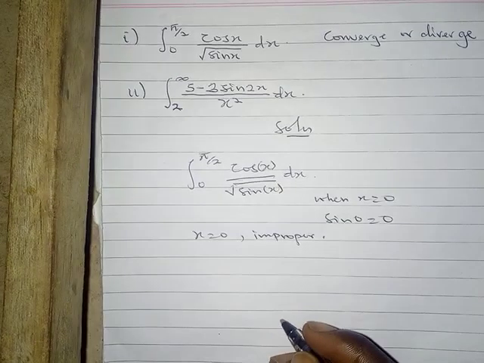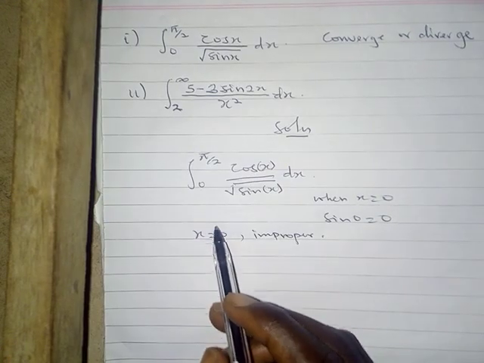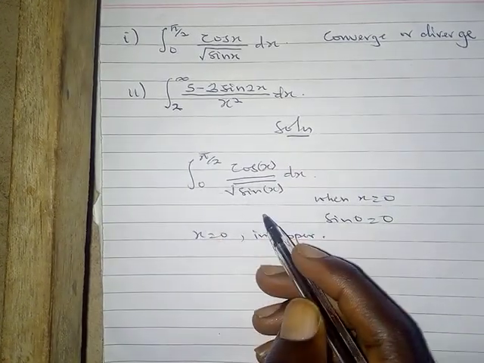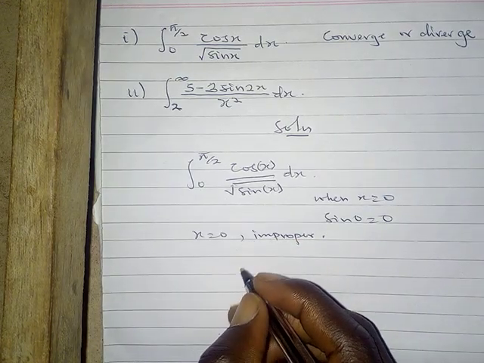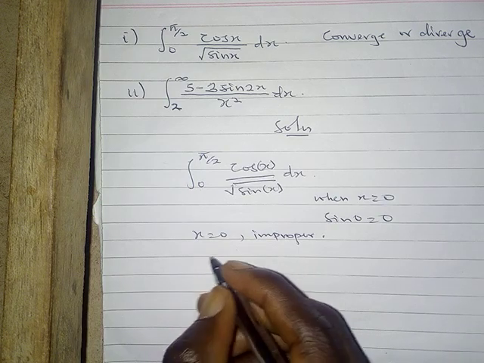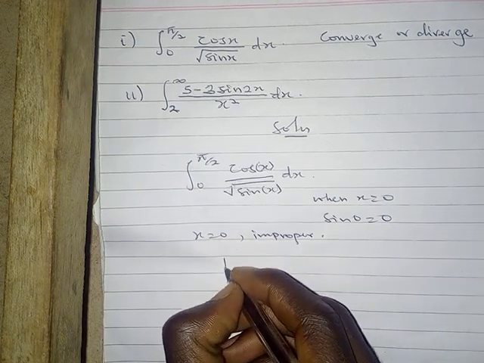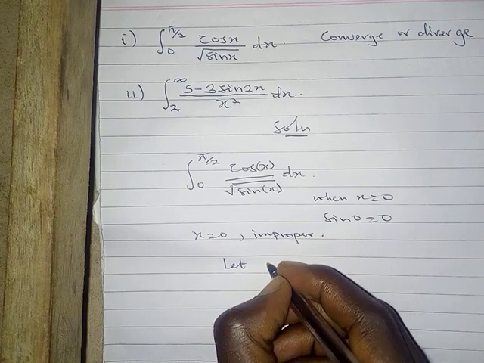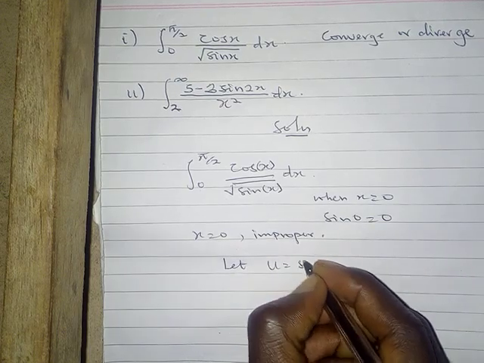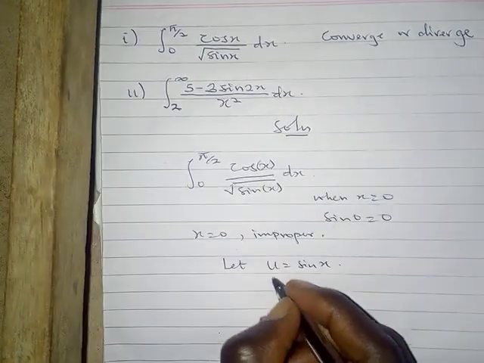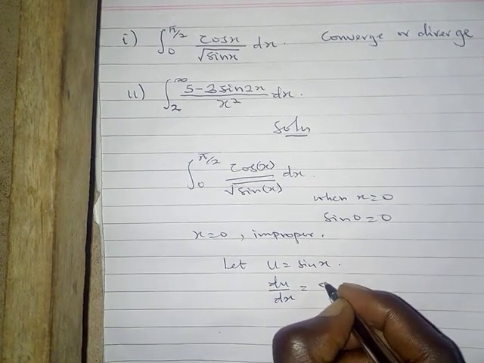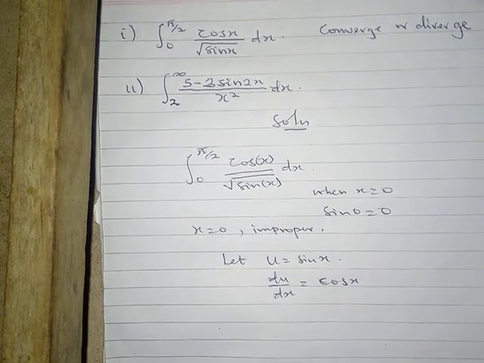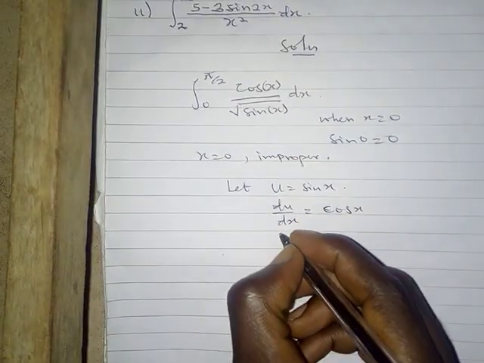So here, let's change the limit of the improper integral, and using substitution, let u equal sine x. We know that du/dx is going to give us cos x, so du/dx is cos x.